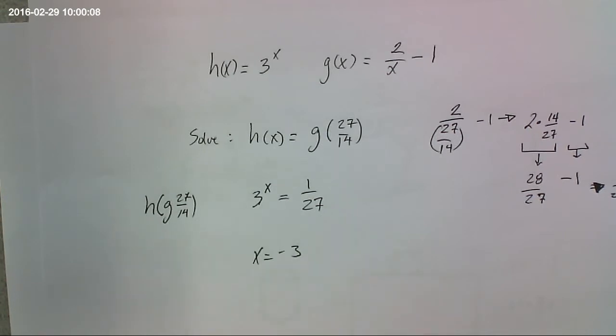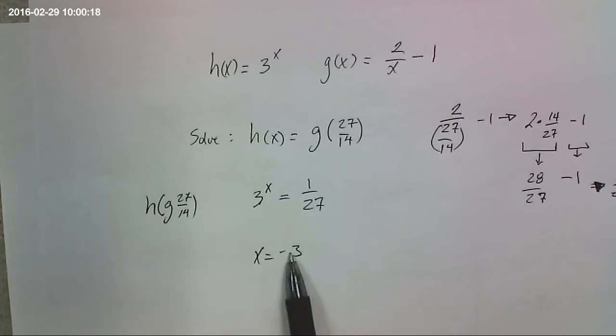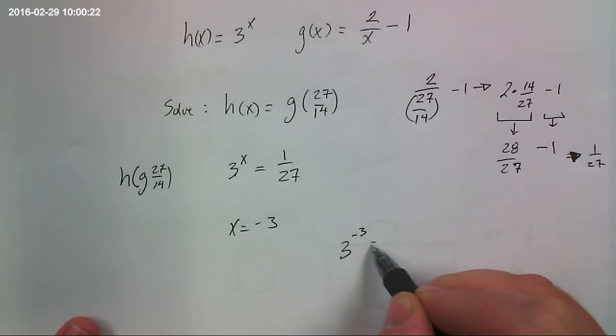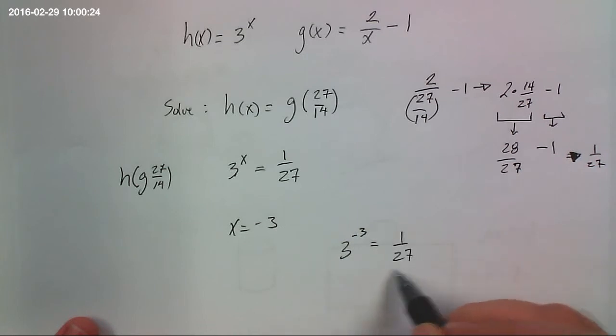Is 27 a power of 3? Is there a power of 3 that equals 27? Of course, it's 3. And since it's a reciprocal, that's why x equals negative 3. The reason x equals negative 3 is because 3 to the negative third power equals 1 over 27.